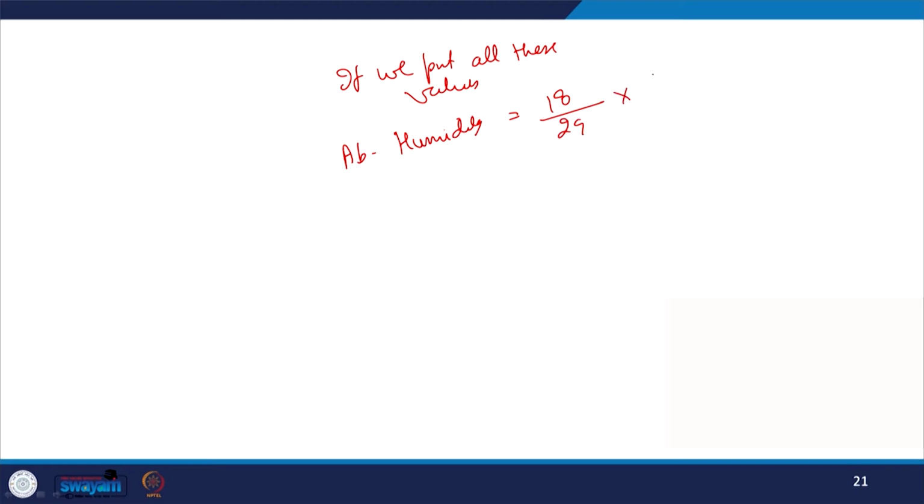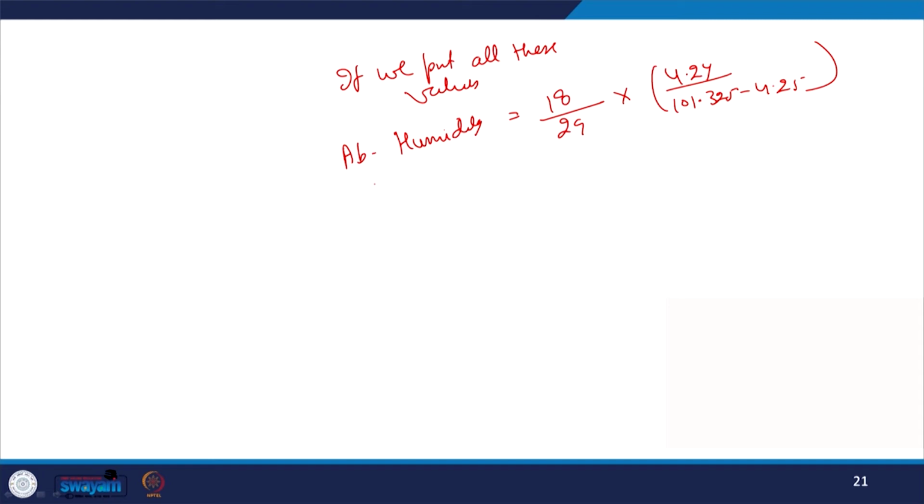Now if we put all these values in, the absolute humidity is equal to 18 by 29 into 4.24 upon 101.325 minus 4.24.